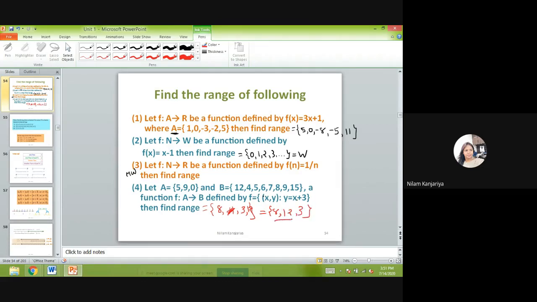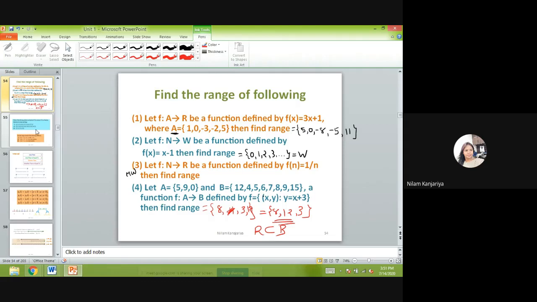It's your range: 8, 12 and 3, and 8, 12, 3 is a subset of B. So range is a subset of B. Clear? Yes, I understand.